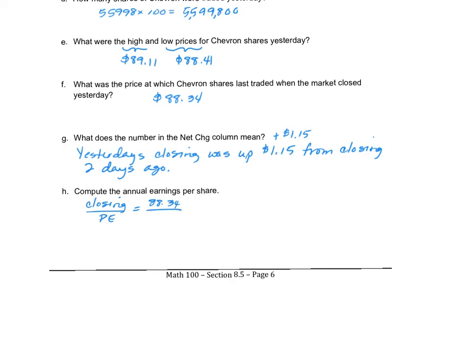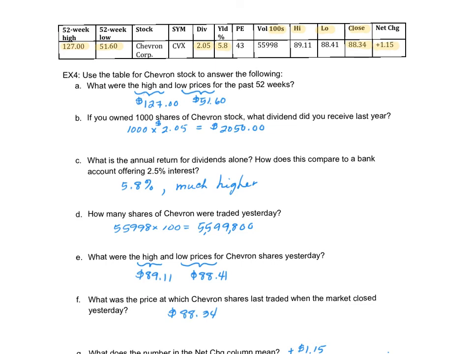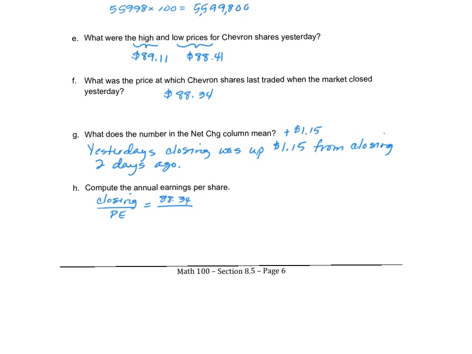The PE for Chevron is 43. So I'm going to round this to 2 decimal places to a dollar amount. And I get $2.05 if I round.